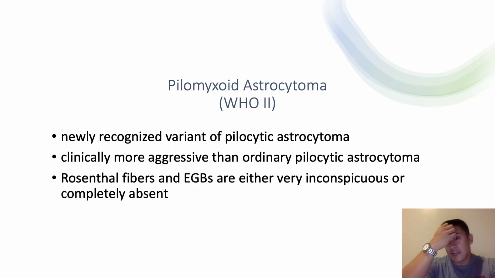Now, pilomyxoid astrocytoma, which is a WHO grade 2, is a newly recognized variant of pilocytic astrocytoma, and is clinically more aggressive than your ordinary pilocytic astrocytoma. The histologic hallmarks, the eosinophilic granular bodies and the Rosenthal fibers found in the pilocytic astrocytoma, are very inconspicuous here, or actually absent.